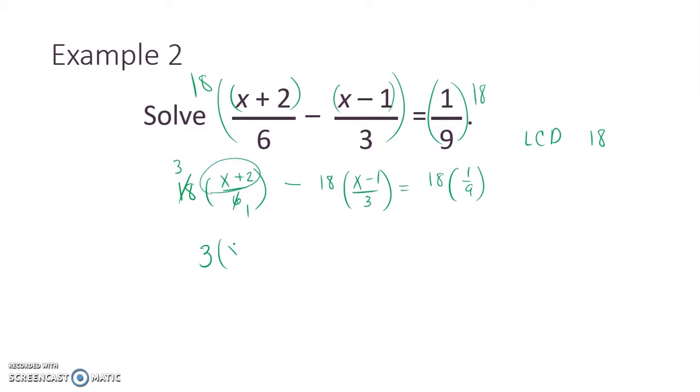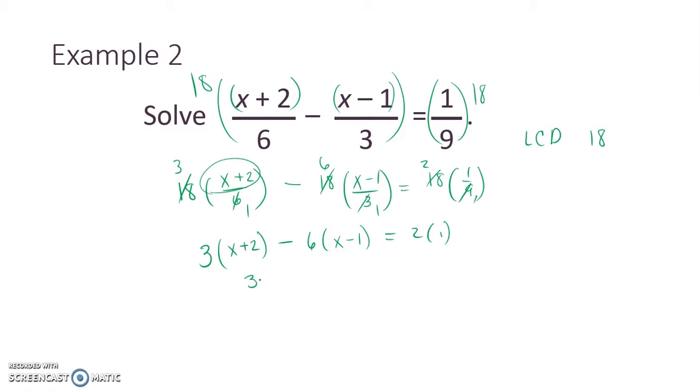So 3 times the quantity of x plus 2, minus, again, we cancel, so we'll have 6 times the quantity of x minus 1, equals, those cancel, and we'll have 2 times 1. Then we can go ahead and distribute and combine our like terms and then finish solving.